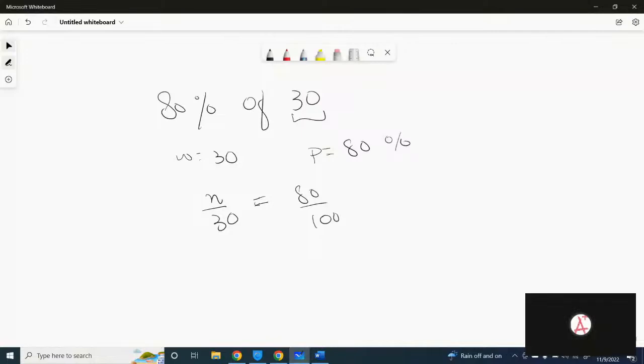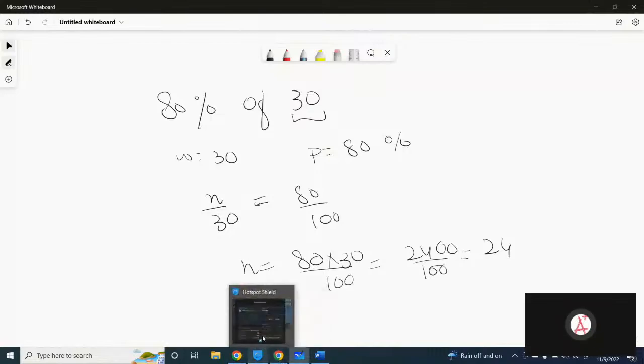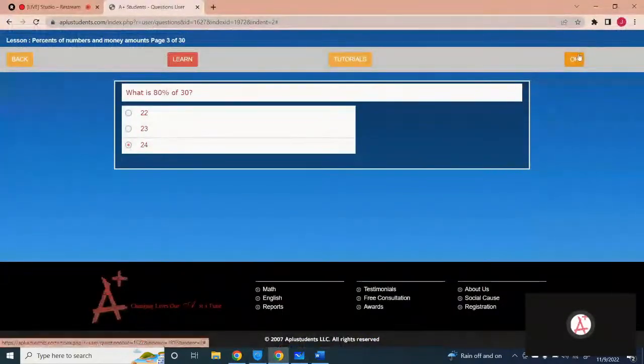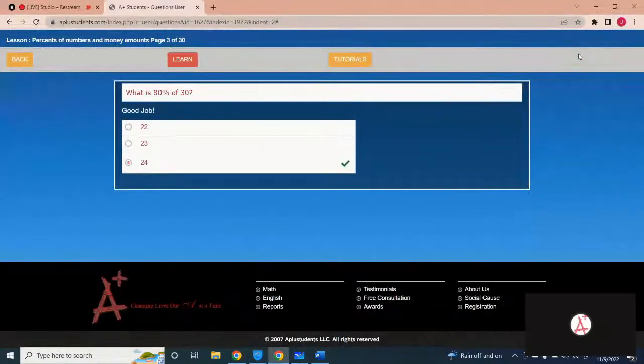Just do cross multiplication. It would be n equals 80 times 30 over 100. 8 times 3 is 24. It would be 2400 over 100, and it would be 24. That means 80% of 30 is 24. Got it? Okay, it is 24. Just select the correct option and click on the OK button.